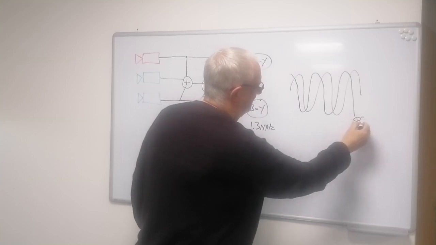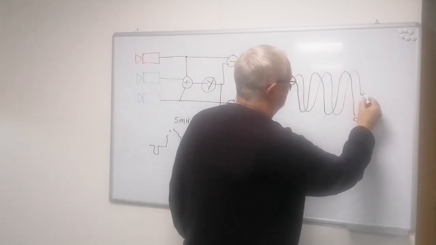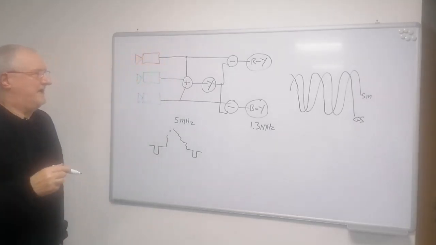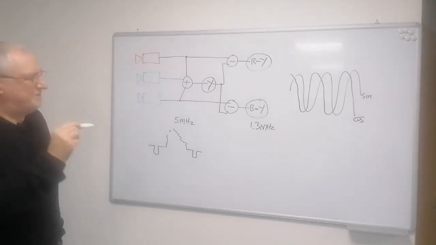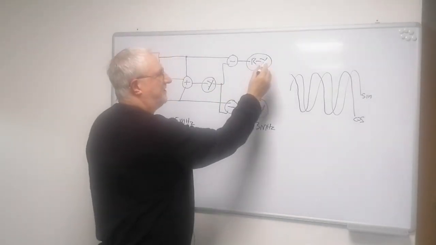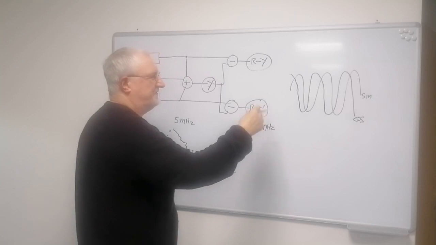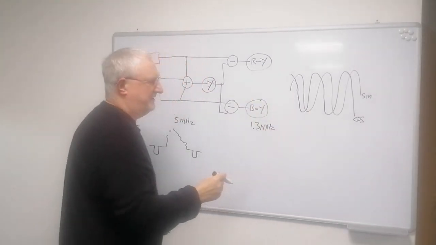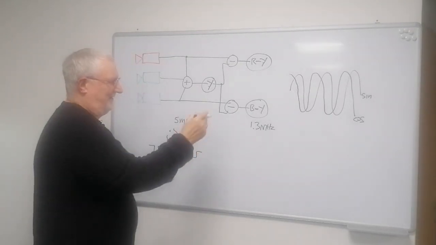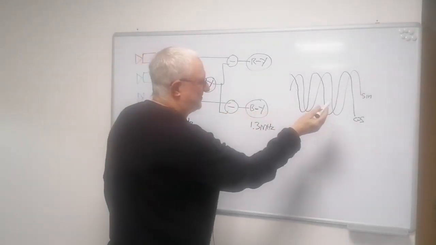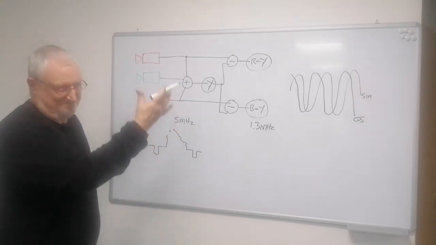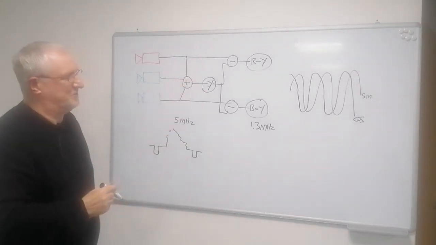So that's your cosine wave, and that's your sine wave. And what we do is we amplitude modulate the R minus Y signal on the sine. It may be the cos. The principle's the same. And the B minus Y signal on the other one, on the cos or the sine, whichever is not done for the R minus Y.